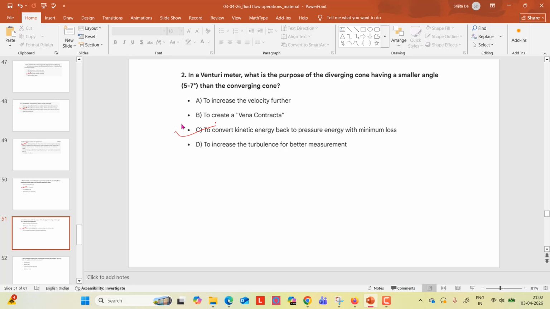Because the area reduces in the vena contracta region, the velocity becomes high and the kinetic energy dominates at that point. So to bring this kinetic energy back to pressure energy with minimum loss, the diverging cone is made smaller.